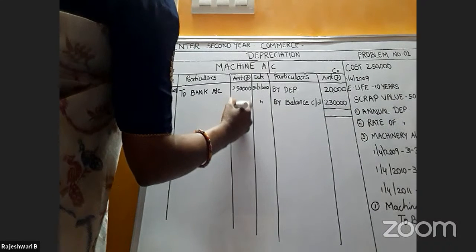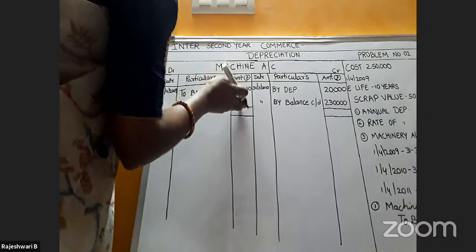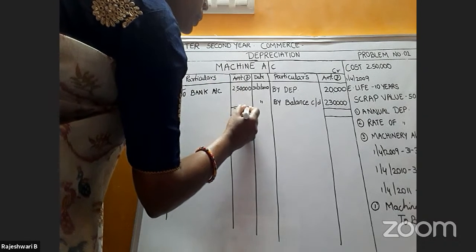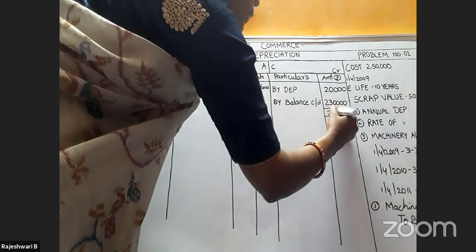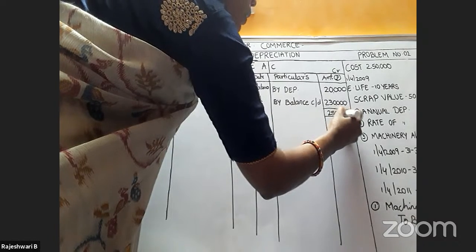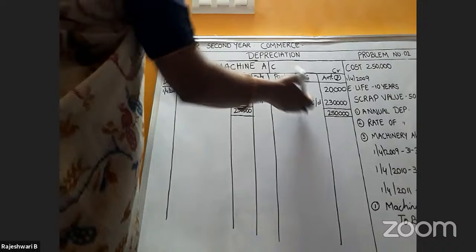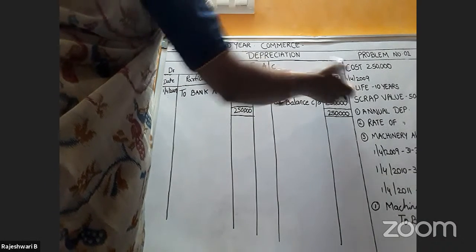Amounts should be tallied. 2,50,000 here, 2,50,000 here. Debit side is more. This is the balance carried down. At the end of the year, the remaining balance is 2,30,000.